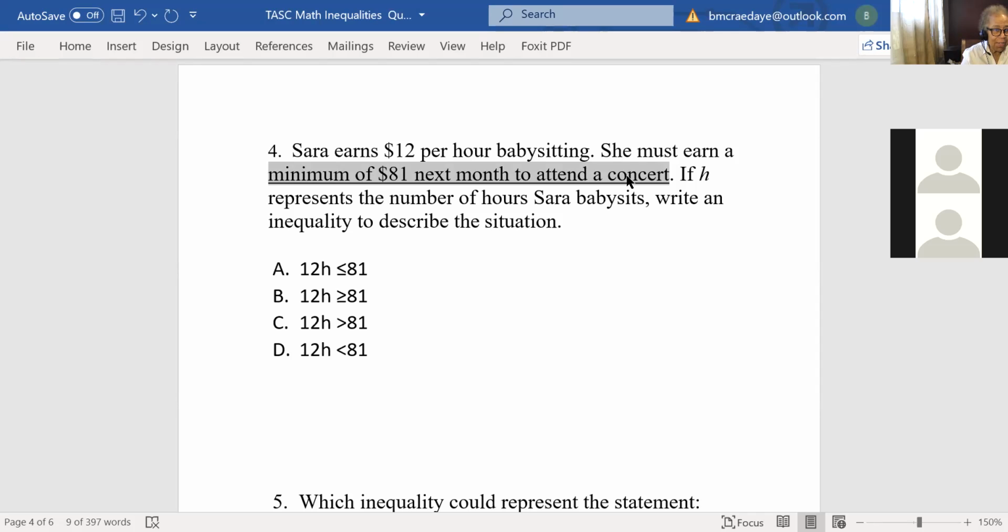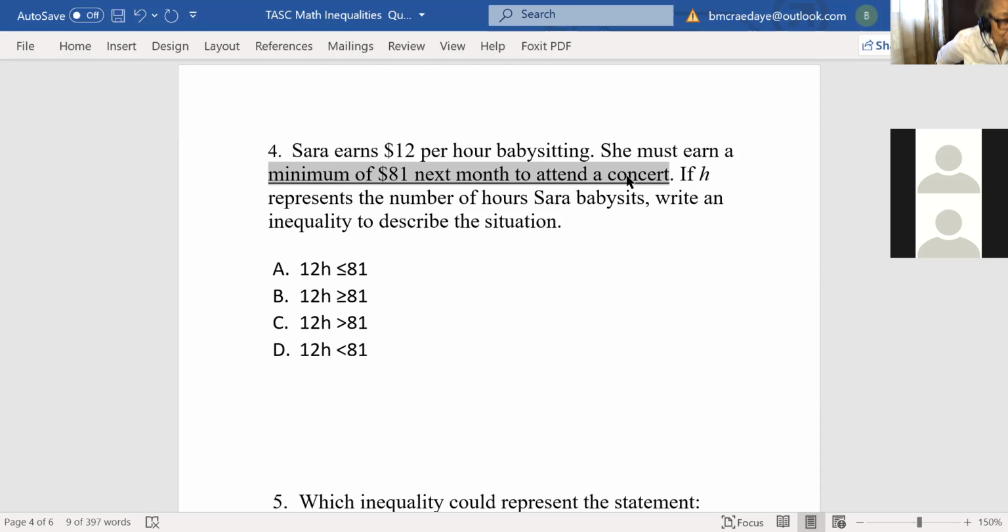Now, Vanessa, which answer do you think is correct for this inequality? She must earn a minimum. So that equal means to? No, she must earn a minimum.